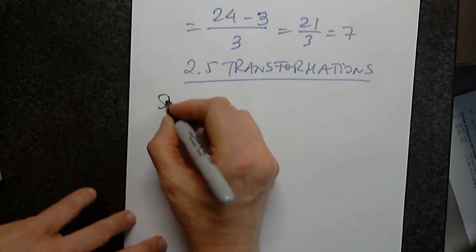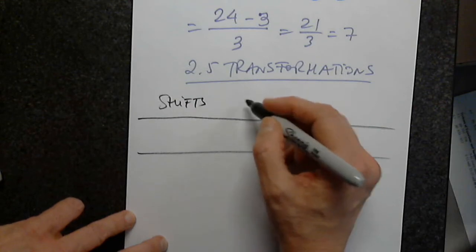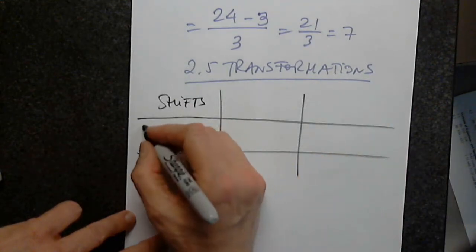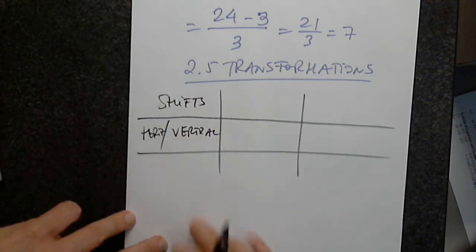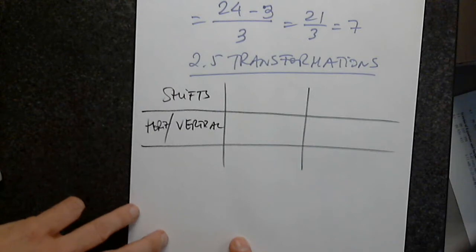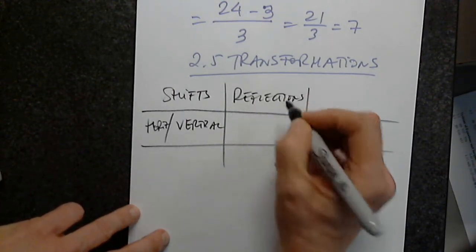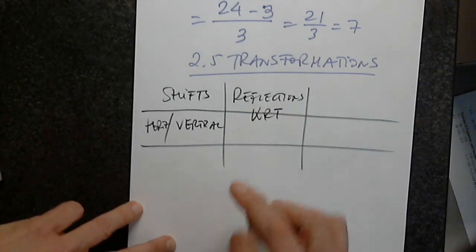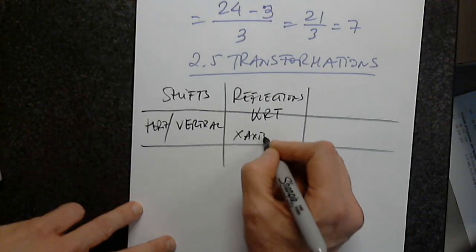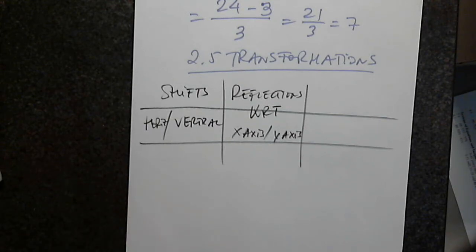So, shifts: horizontal and vertical. Reflections, 2 types: with respect to the x-axis or the y-axis.